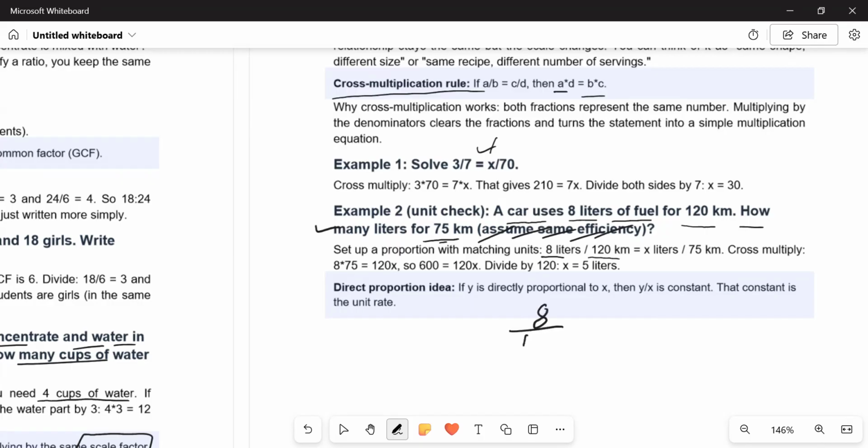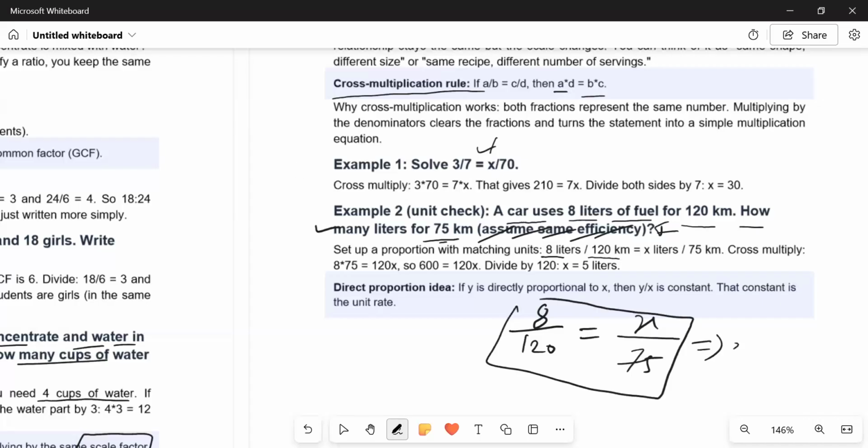So 8 over 120 equals x, the liters of fuel required for 75 kilometers, and they are proportional. Obviously, in the mathematical problem, it will be written they are proportional. That is why it is saying assume same efficiency. So, use the same amount of fuel to cover distances. So basically, this is the math, and if we solve it, we'll get the value of x as 5.